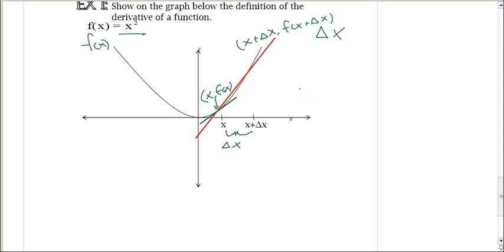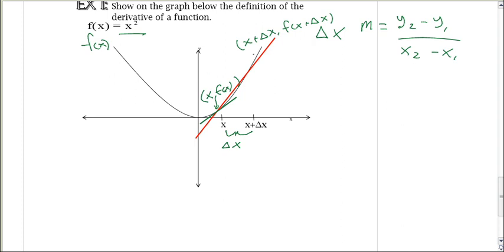In Algebra 1 and Algebra 2, we know how to find the slope of a line. We said that the slope was equal to y sub 2 minus y sub 1 over x sub 2 minus x sub 1. We called this in calculus the average rate of change. To find the average rate of change here, we have enough information. We can use the ordered pairs I just wrote out to come up with the slope.